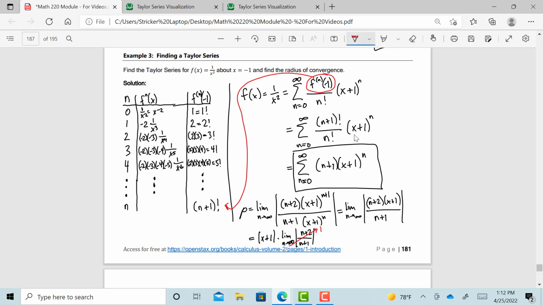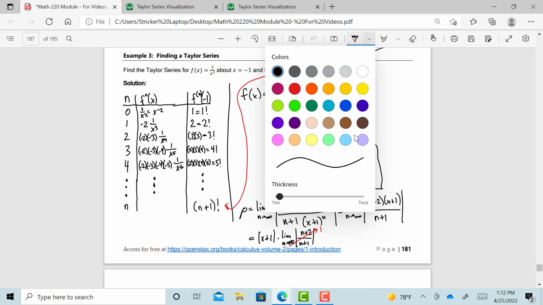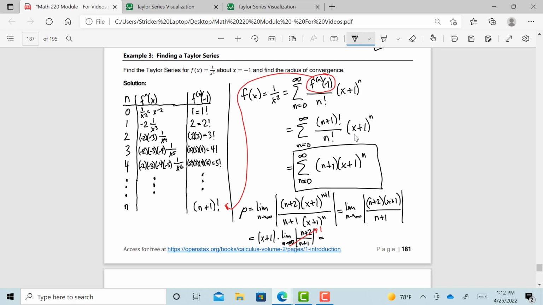So if that limit approaches 1, that means what we are left with is the absolute value of x plus 1. And in order for that to converge, it has to be less than 1. And so we could rewrite it as an inequality without the absolute value, but we know right there that this is going to be r equals 1. That's the radius of convergence.